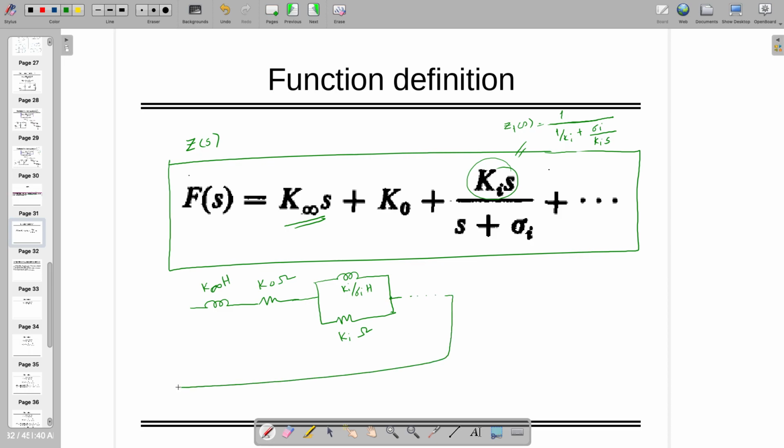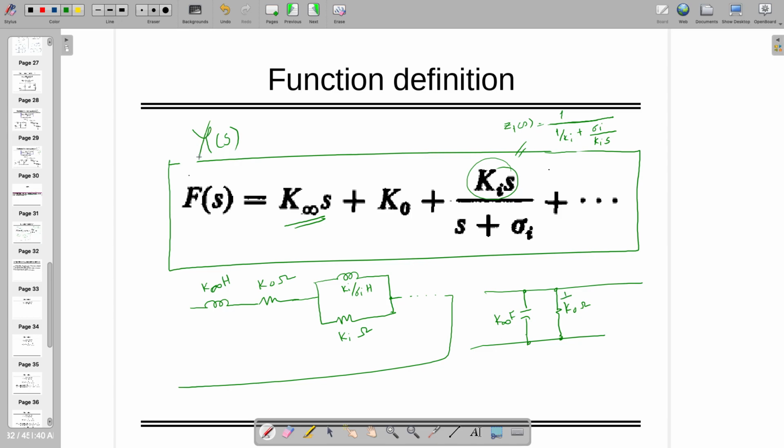But in the case of this one as an admittance function, all these entries will be in parallel. So the first entry will be a capacitor whose value is K infinity farad. The value of this one is 1 by K0 ohm.